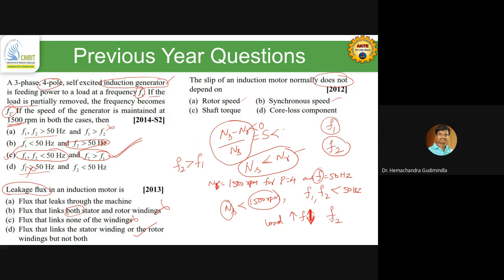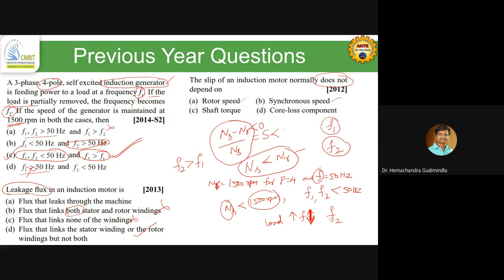But what about the shaft torque? Torque depends on the speed. Whatever the shaft torque is, that depends on the rotor speed, right?